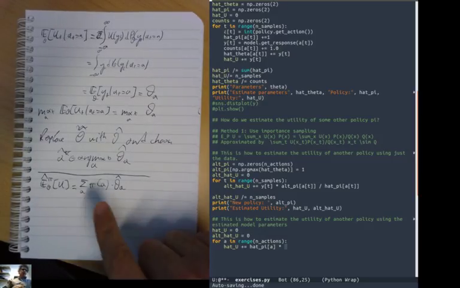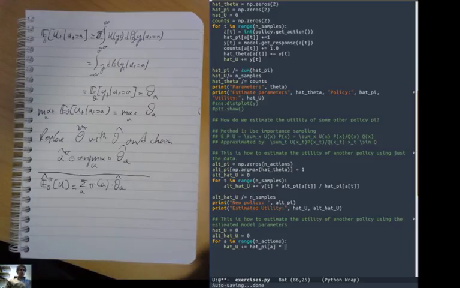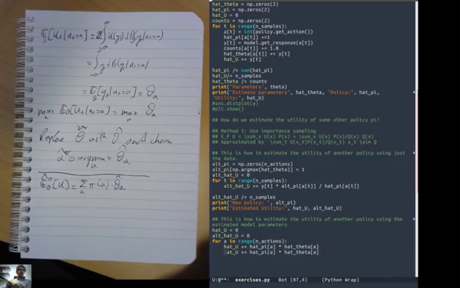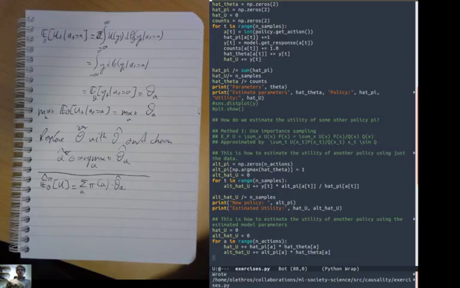So now we just need to calculate this. It's not very difficult. We have already got hat theta, and we also have the alternative policy. Yeah, and I guess that's it.